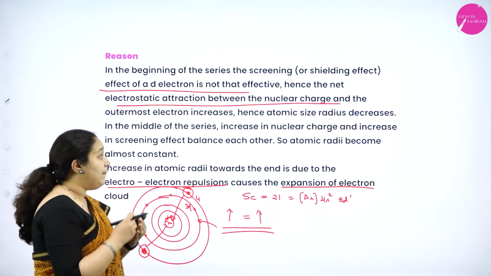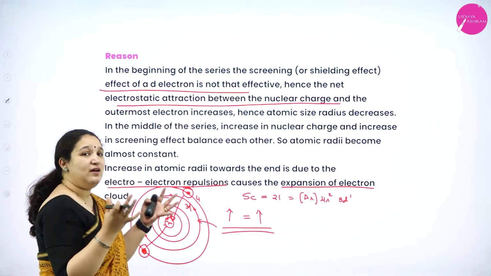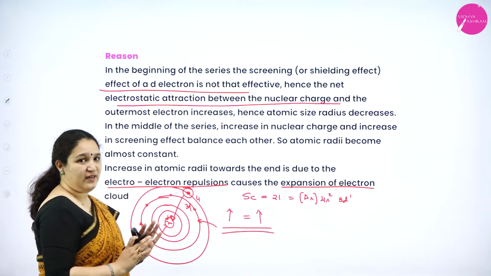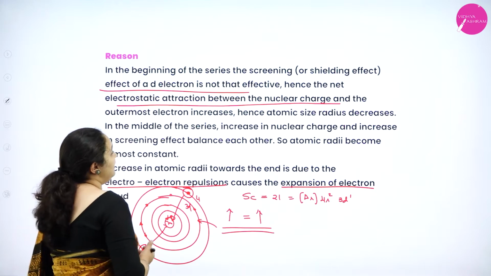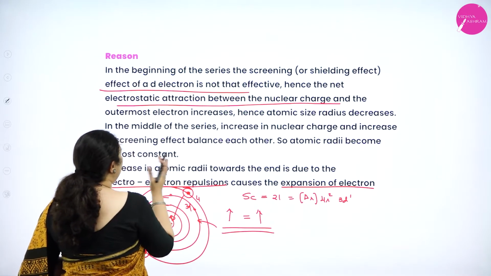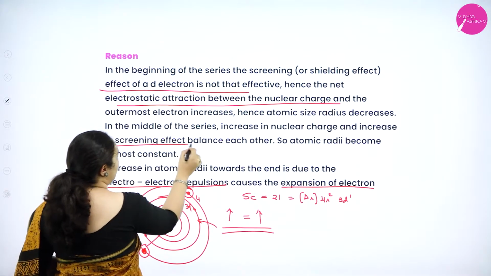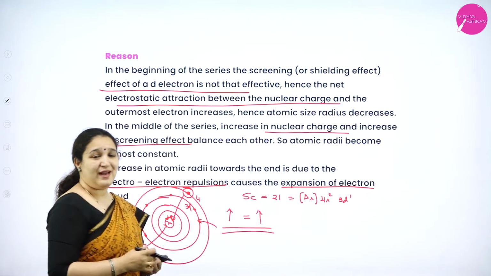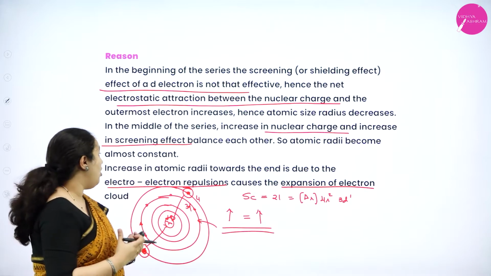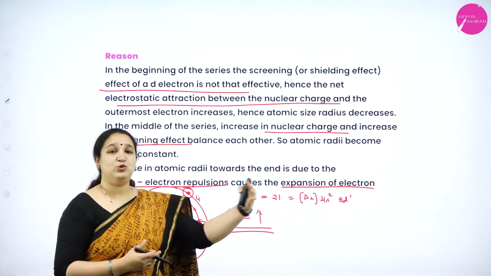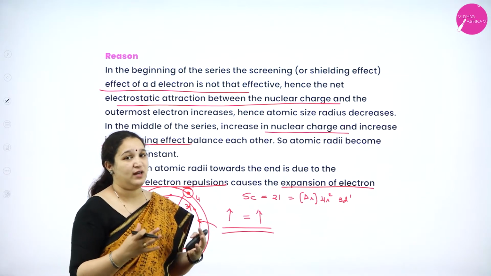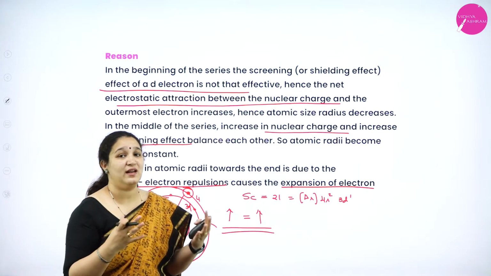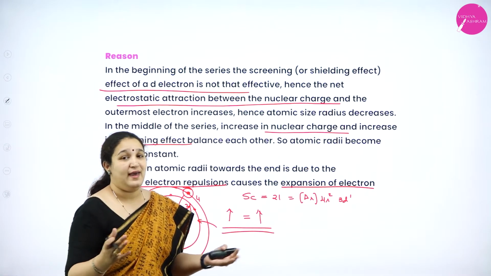But as the electrons are getting filled in the 3D orbital, a balance is created between the screening effect and the nuclear charge, and due to that atomic radius becomes almost constant. Only towards the end, because of the electron repulsion, the electron cloud will expand.